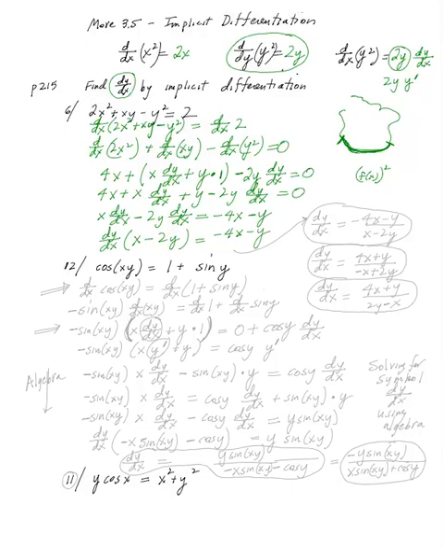Okay. Now, this is dy dx times x minus 2y. It's not derivative of x minus 2y. It's derivative of y with respect to x times x minus 2y. To undo this multiplication by x minus 2y, I divide both sides by x minus 2y. So this is what I get.